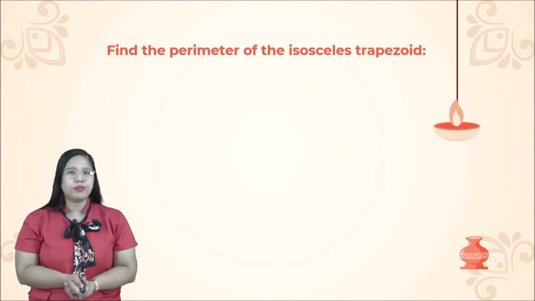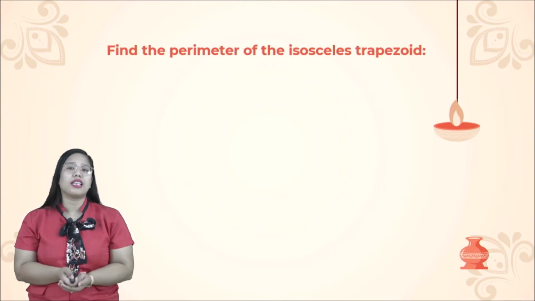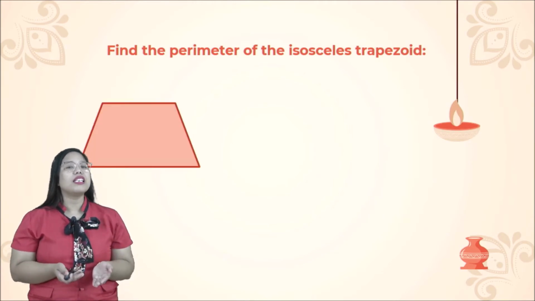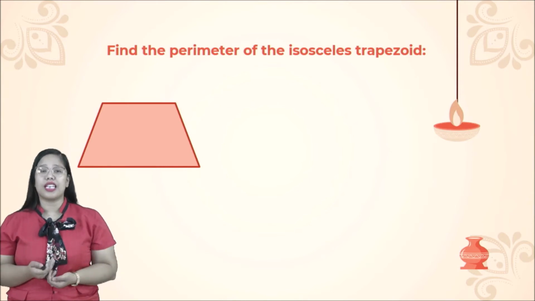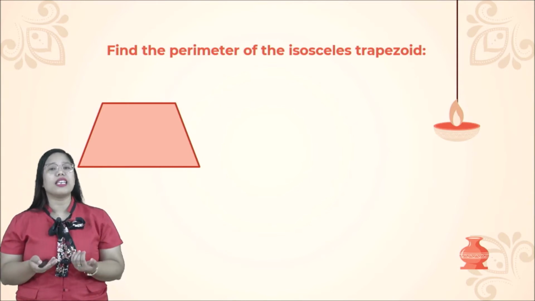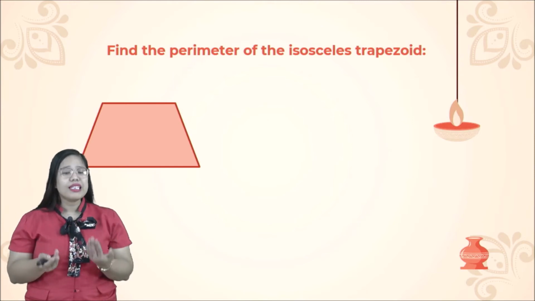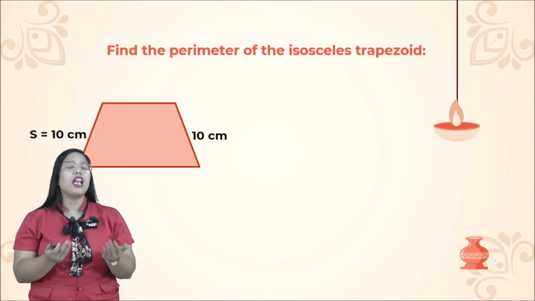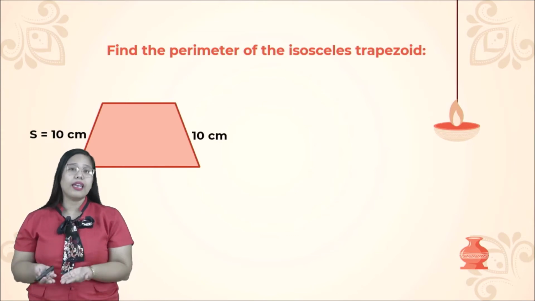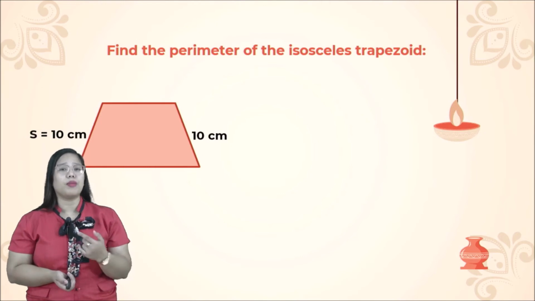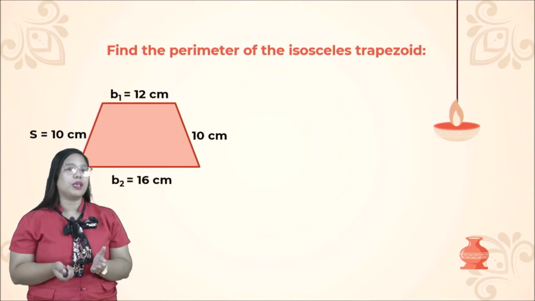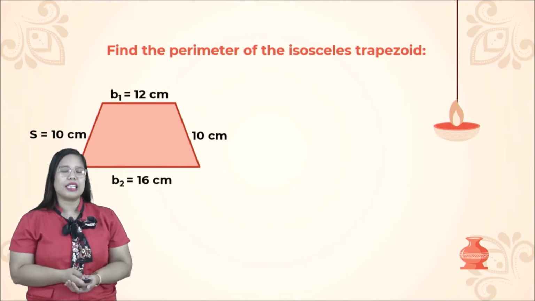Next one, kids, we have now the perimeter of an isosceles trapezoid. This is an example of isosceles trapezoid. As you can see, kids, only two sides are equal. To get its perimeter, we have the side measurement, which is 10 centimeter, the first base, or base 1, is 12 centimeter, and base 2 is 16 centimeter.